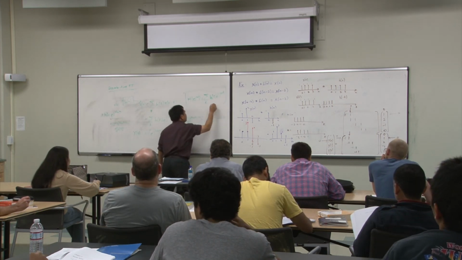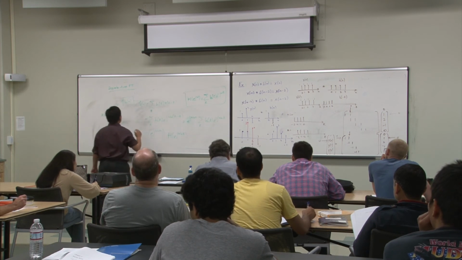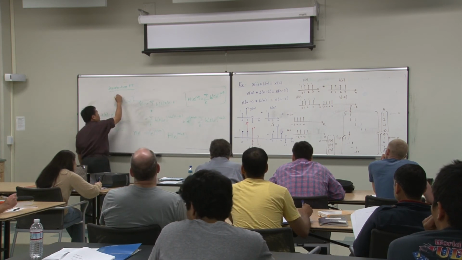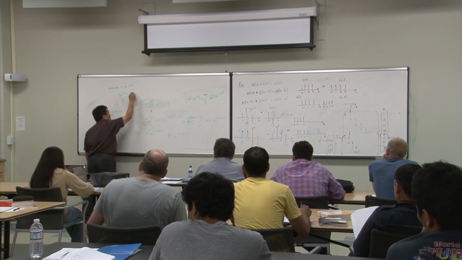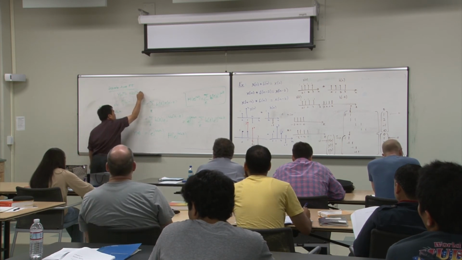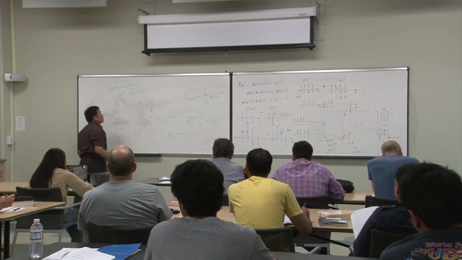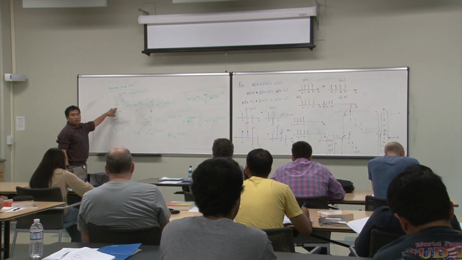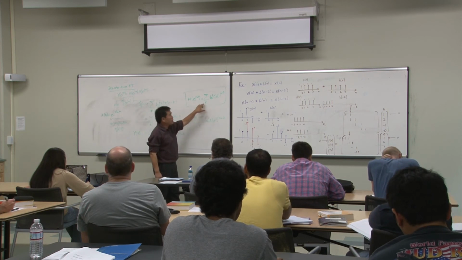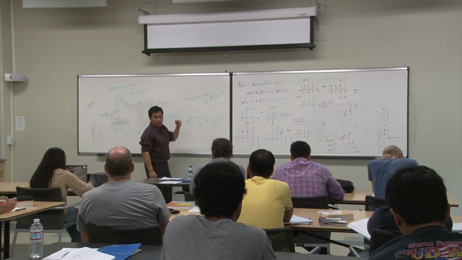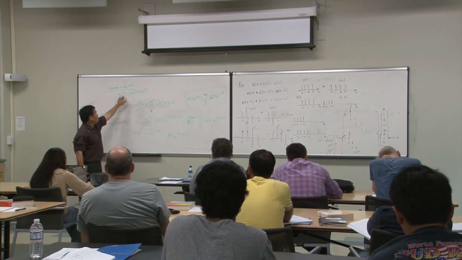With this definition, I can derive the corresponding input and output relationship. I can use the same definition for x, basically x, e to the j omega, summation in x. Same definition for y.